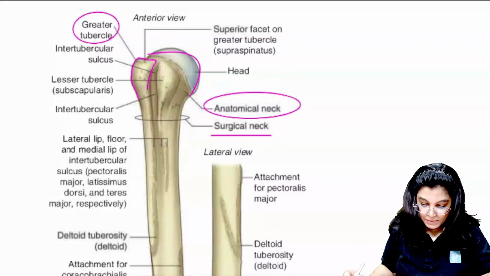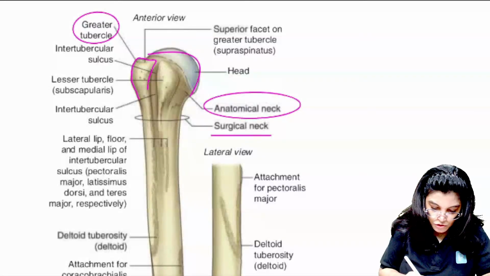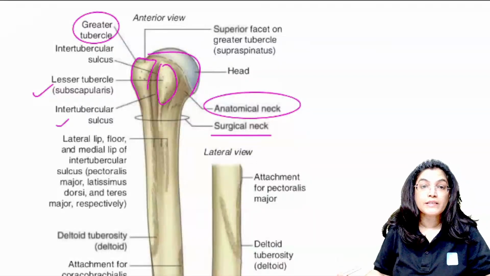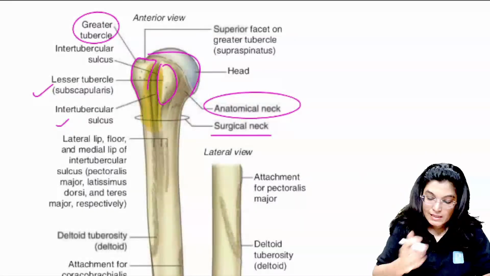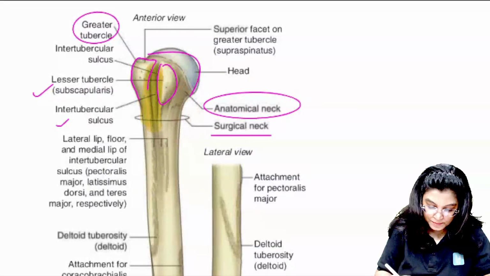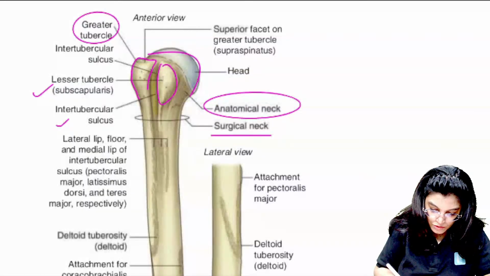Also, we can see the lesser tubercle and the greater tubercle, and in the space between, you can see the intertubercular sulcus. What I have highlighted is exactly the intertubercular sulcus.